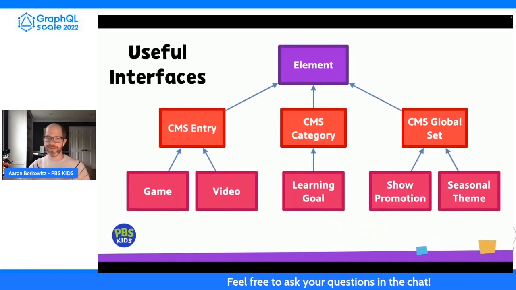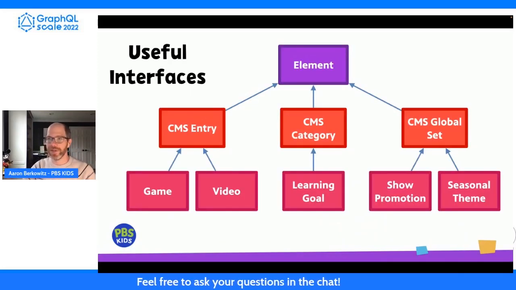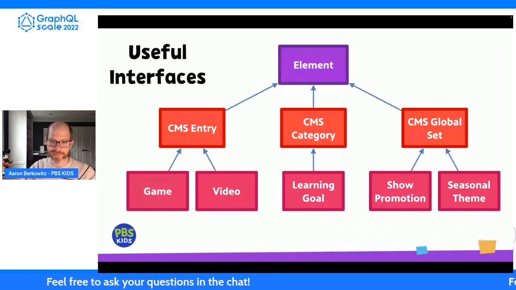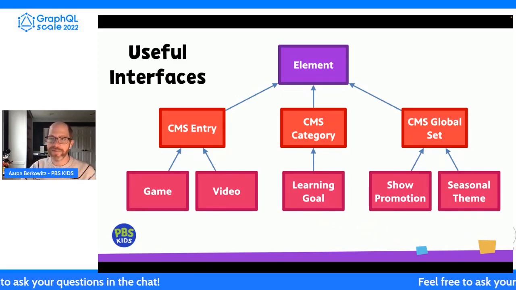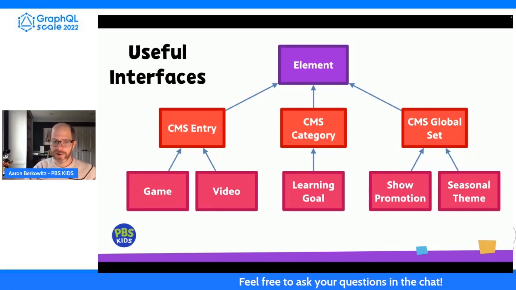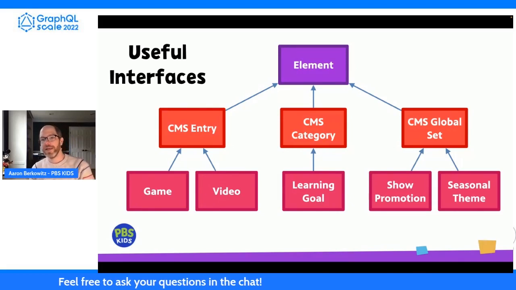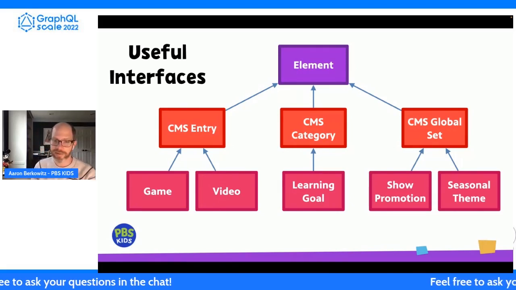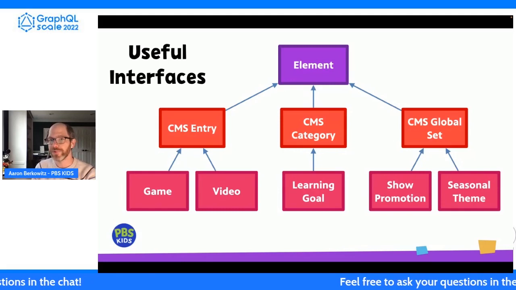So back to our data model, this is a more programmatic or software kind of approach to it. We refer to everything as an element. That's a term we borrow from Craft CMS, which is the CMS we use that powers most of our applications, as well as the biggest data source for the graph.